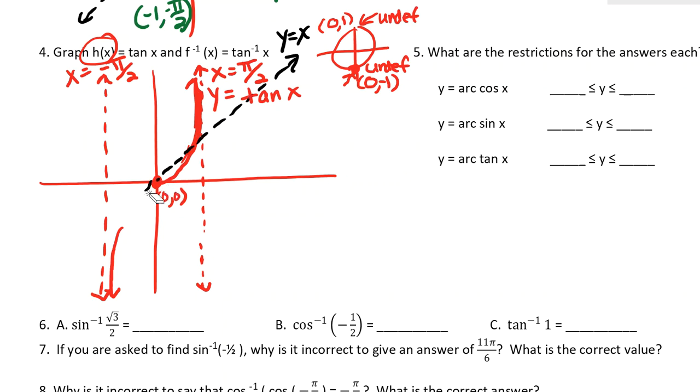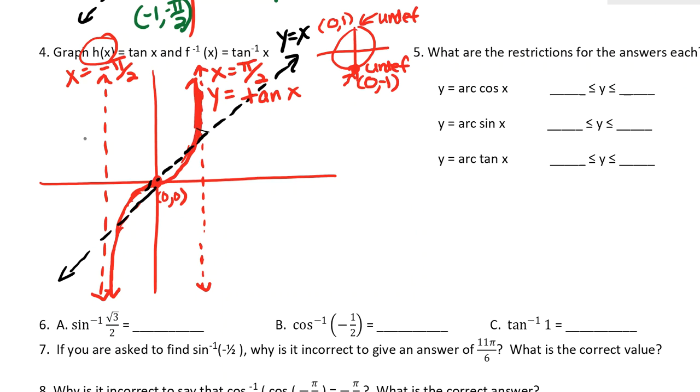Let's make our tangent curve a little more reasonable there, and our reflection line. And think what happens when you fold this across the 45-degree line.